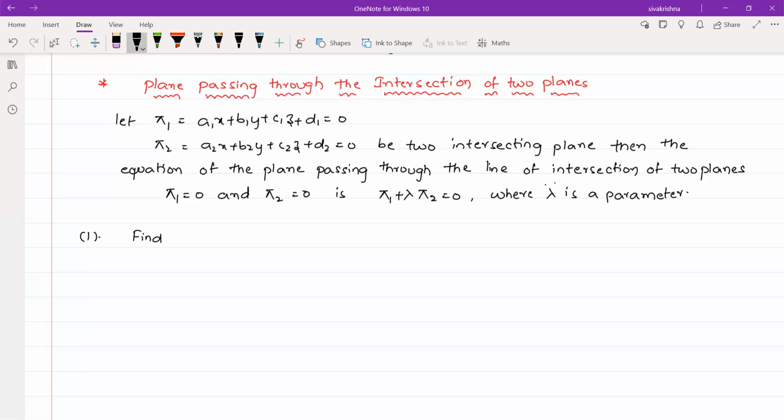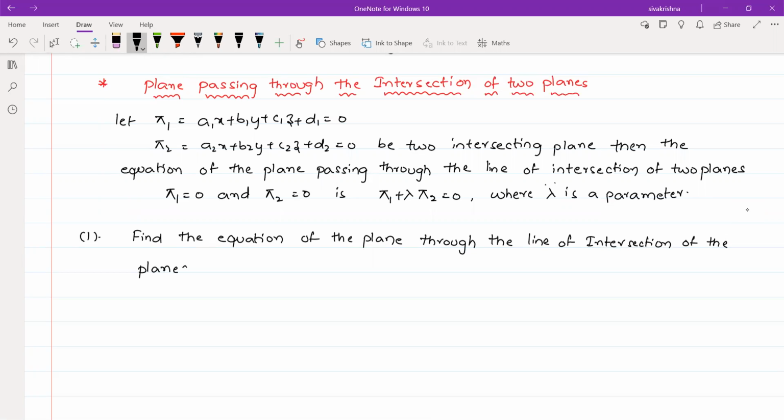Find the equation of the plane through the line of intersection of the planes x plus y minus z minus 6 is equal to 0, 2x minus 4y plus 3z plus 5 is equal to 0, and through the point 1, 1, 1.